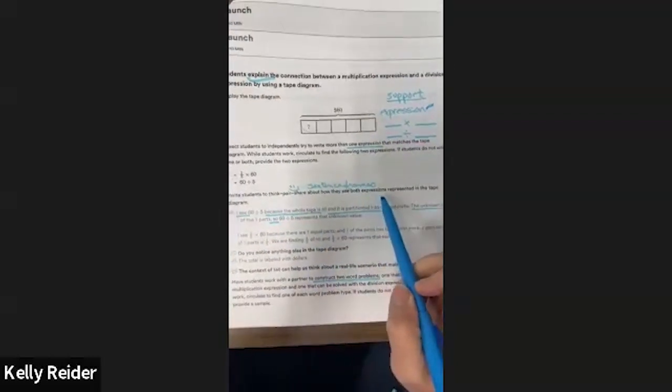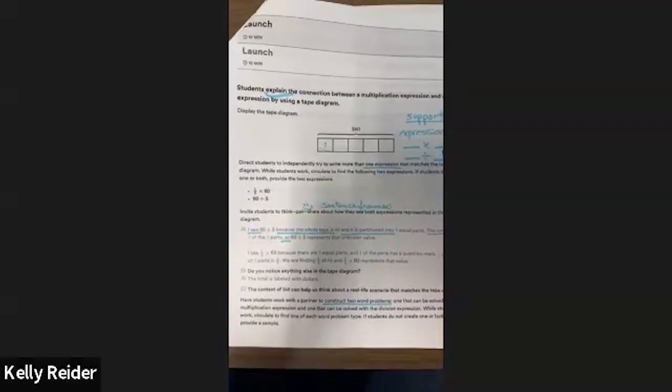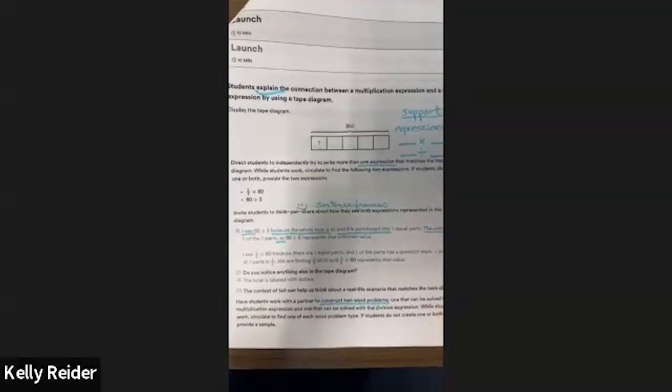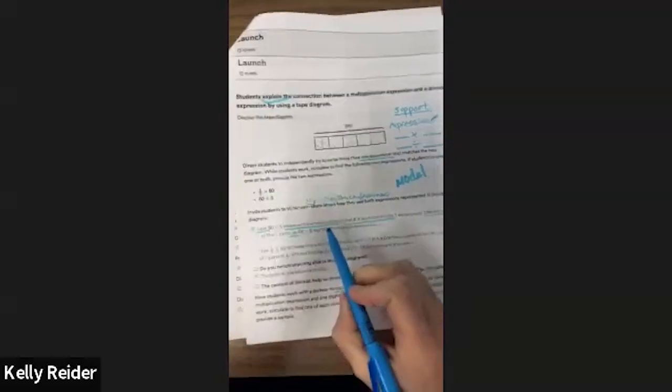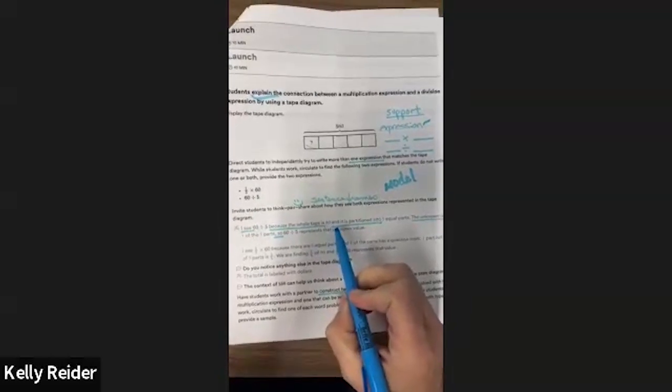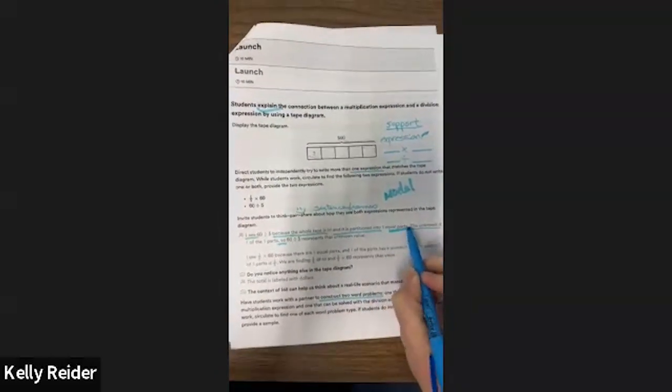Here, invite students to think, pair, share about how they see both expressions represented on the tape. So once they do this, we need to practice talking about them. So of course, modeling, do a couple models together. And then I'm going to put this up as a sentence frame on my anchor chart. I see blank because the whole tape is blank and it is partitioned into blank equal parts.